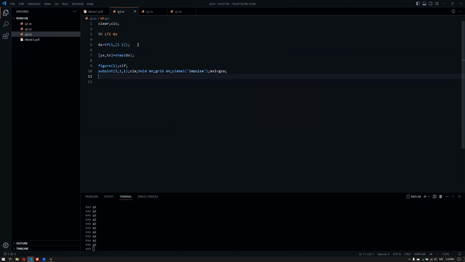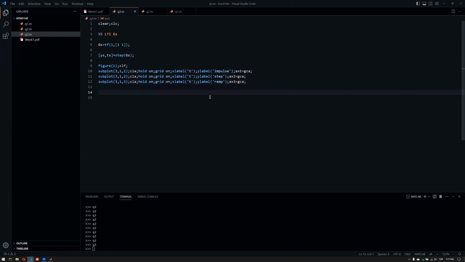Let's use X1 here. This will be the second one, the third one. This is going to be the step response. This is going to be the ramp response. And of course, we can also have the X label, which is time. There we go.